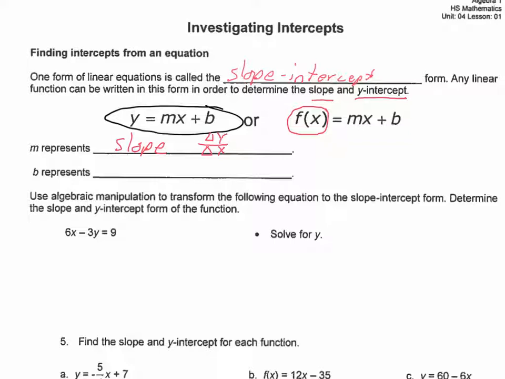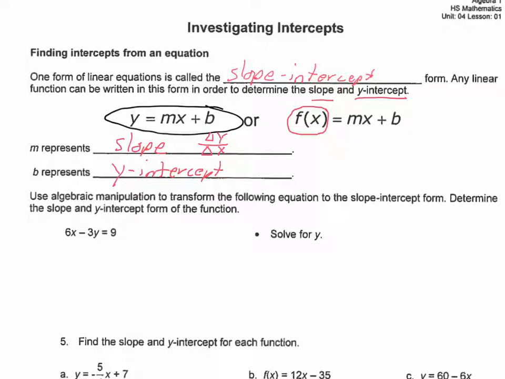And the letter b, don't ask me why it represents this, I don't know, but whoever came up with it, everyone agreed with him, the letter b represents the y-intercept. Now remember what the y-intercept is. You practiced it yesterday, we learned about it on Monday.